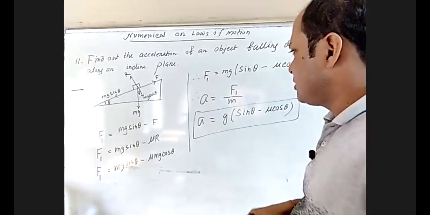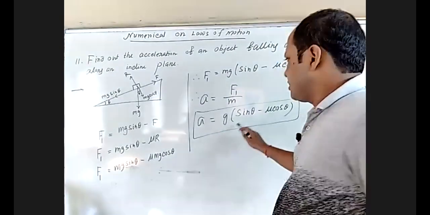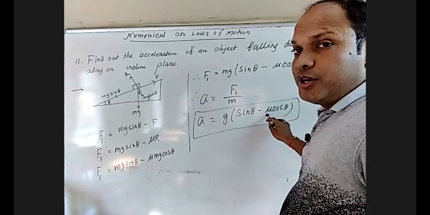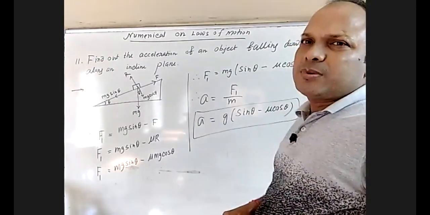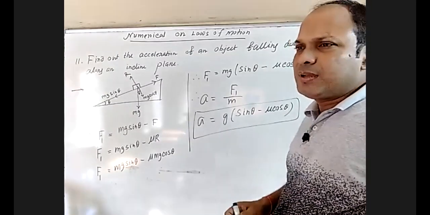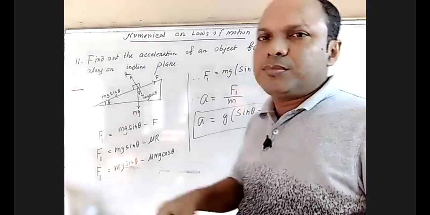In that case, your answer will be g, with g as 10 meter per second square, sin 30 minus 0.2 cos 30. A numerical for 2 marks may be given like that. Am I clear?